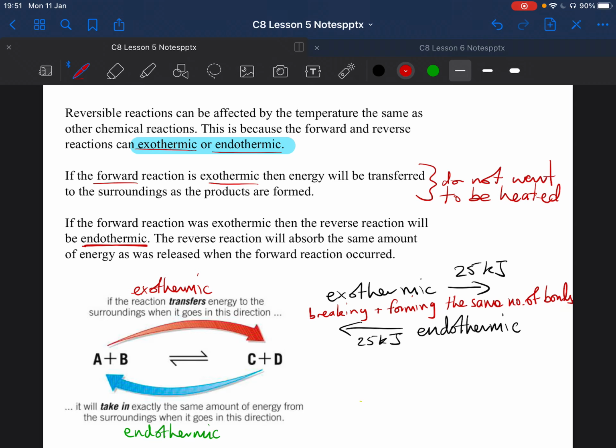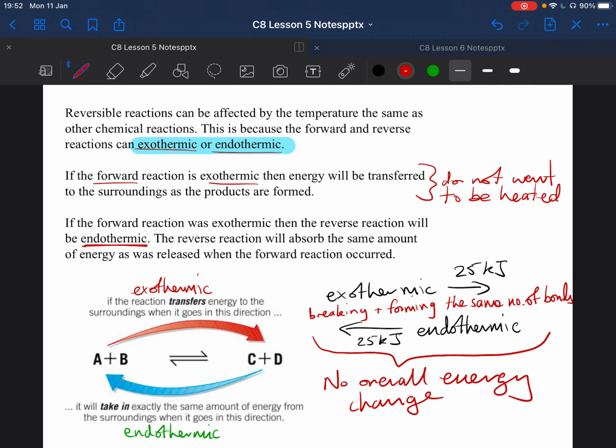So if we have an exothermic reaction releasing 25 kilojoules of energy, the endothermic reaction that happens in the opposite direction is going to take in 25 kilojoules of energy. And so we get no overall energy change.